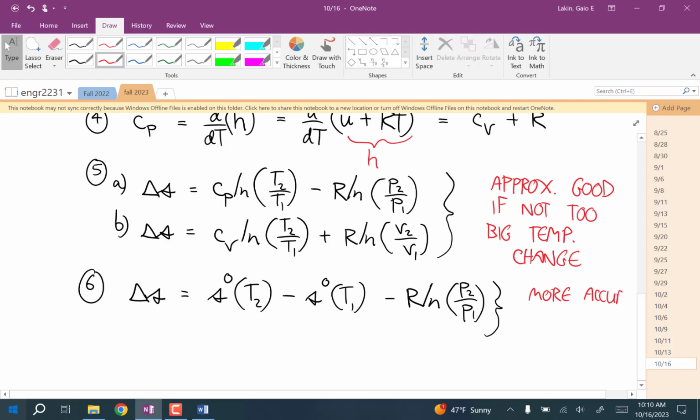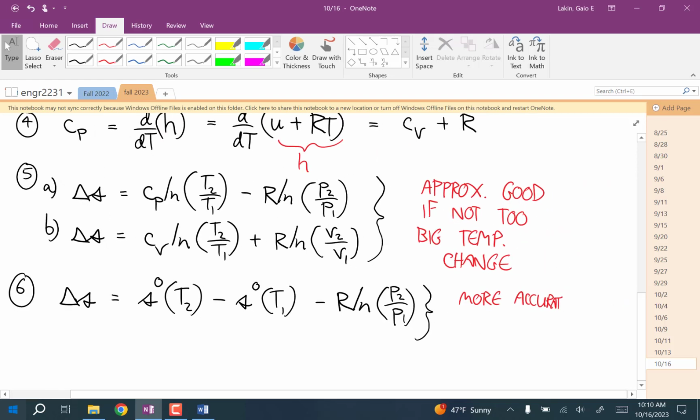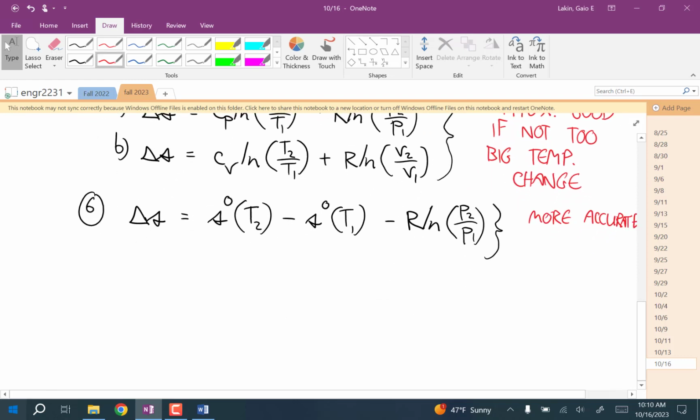This is a more accurate way, and it's also the only way to go if you have big temperature changes. And these s0 values you can look up in the ideal gas table.